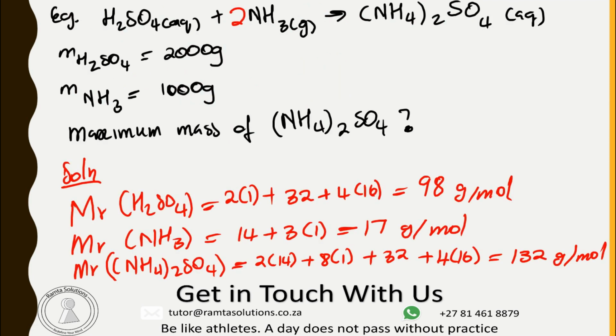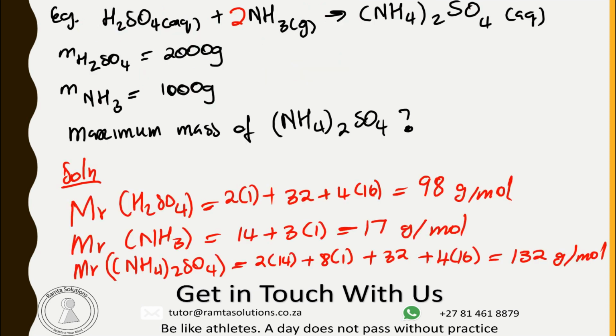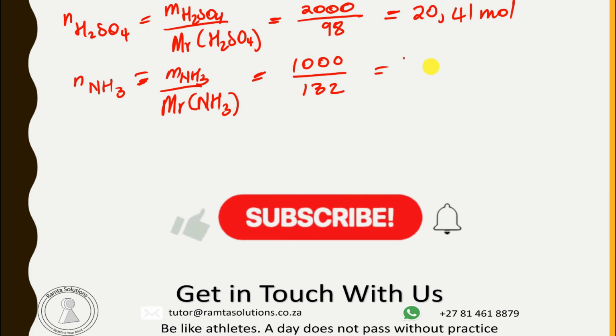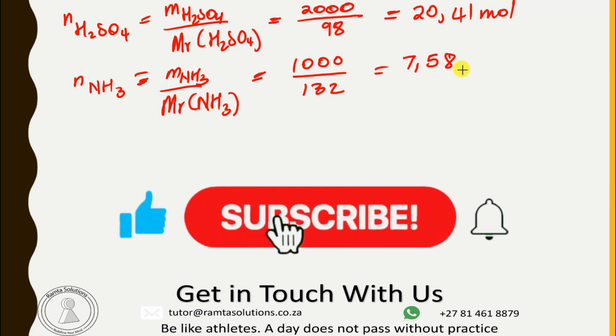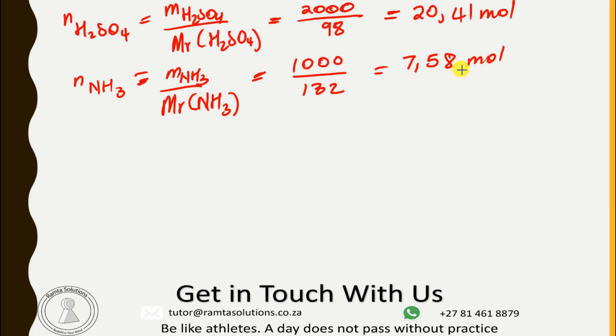Yes, it was 1,000 over 132. So 1,000 divided by 132, correct to 2 decimal places, it will be 7.58 mole. Oh no, sorry. For ammonia, it's not that. It's 17. Cannot be that. It's 17.